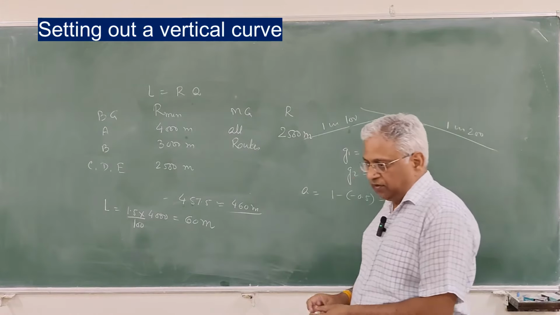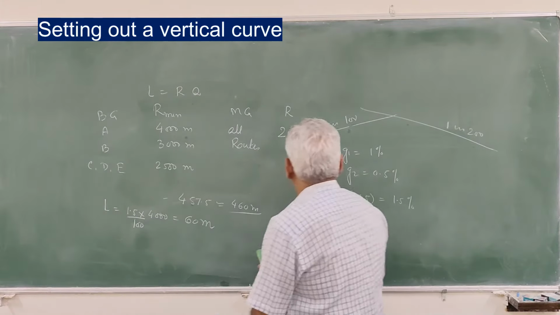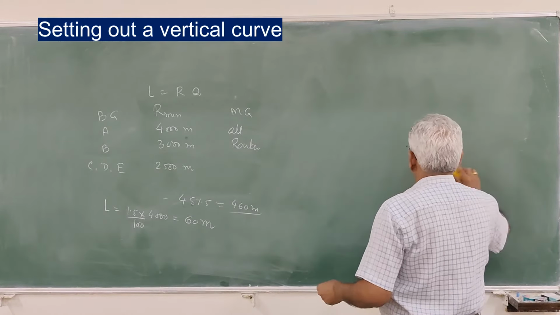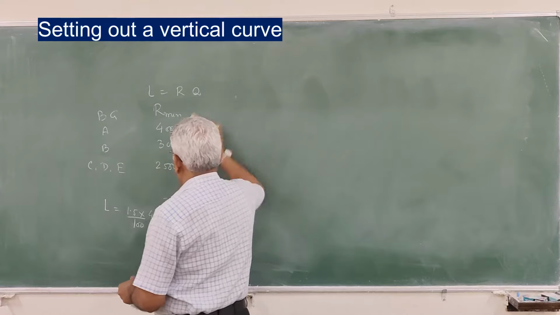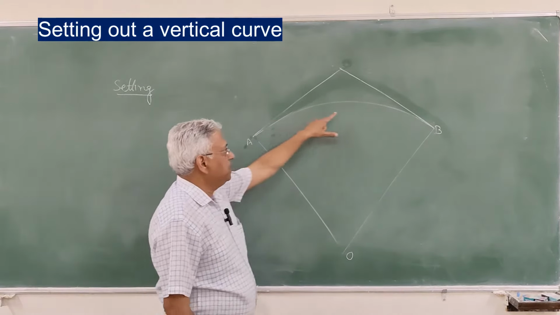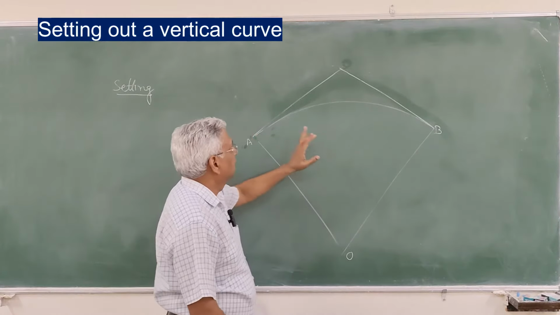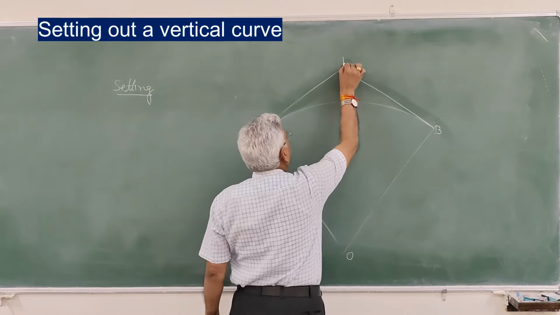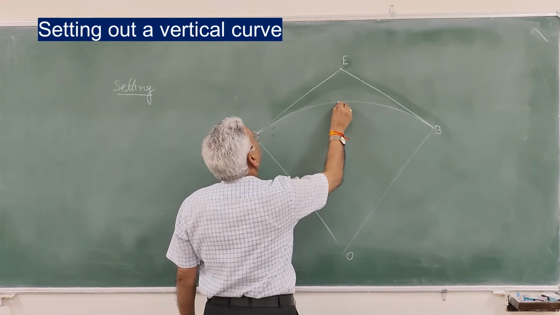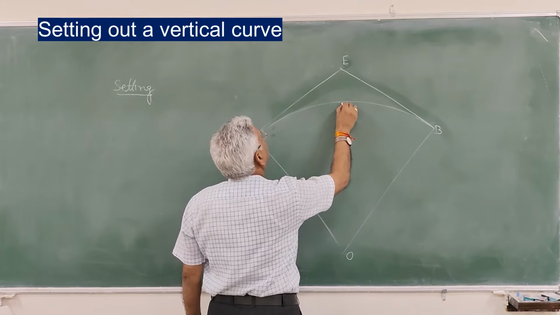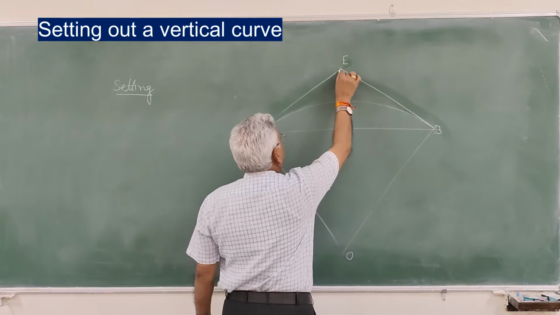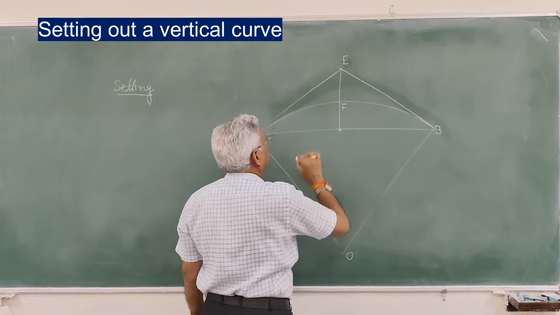Now once you get the length of the vertical curve, the next step would be setting of the curve. Let us say AB is a vertical curve and this is the apex point E and this is the point on the curve, let us say F, and if you join these two ends, that is the point here.